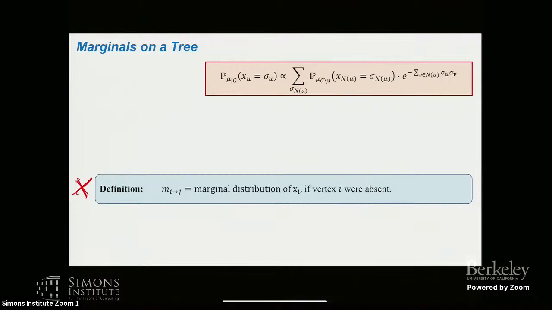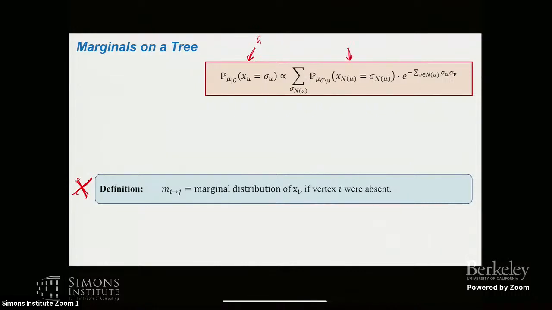Okay, so what do we do now? Let's just imagine G is a tree and see what happens. Firstly, this equation is very nice because it expresses what we want to compute on the original graph in terms of probabilities we want to compute in G minus u.